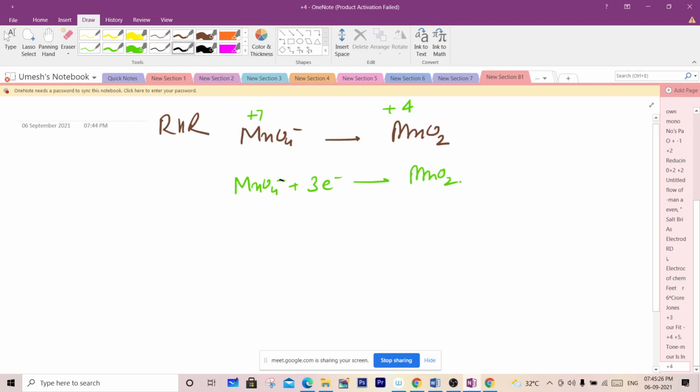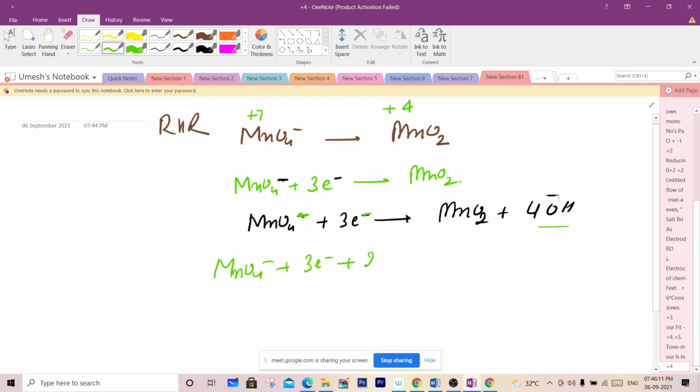Now you have negative charge, 1 and 3, total 4 negative this side. Here I don't have any. For that, what you can do, add 4 OH negative ion. Now what you have to do is, here we have hydrogen 4, here I don't have any. If I just add 2 water molecules, hydrogen will be balanced, 4 hydrogen both the sides. Manganese both the sides. 4 oxygen.